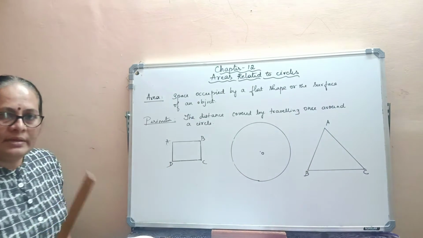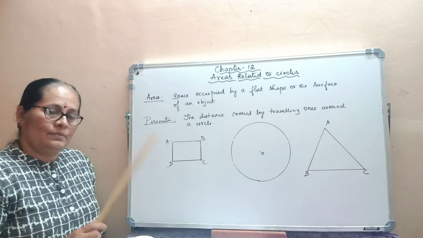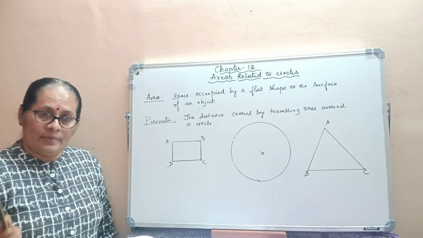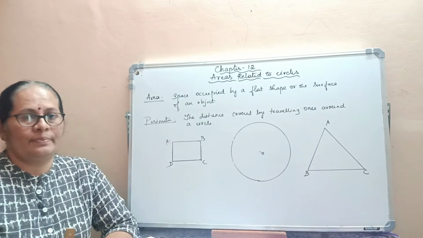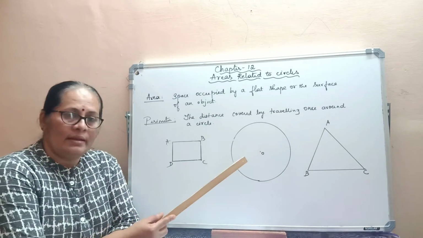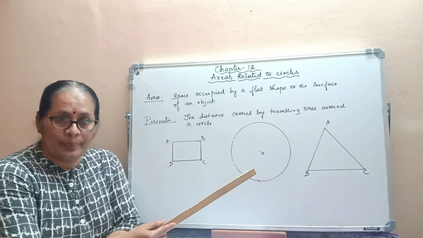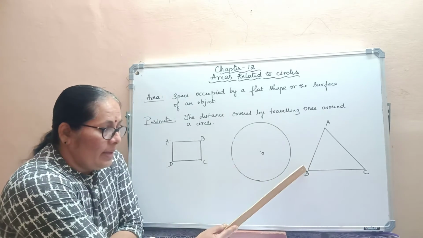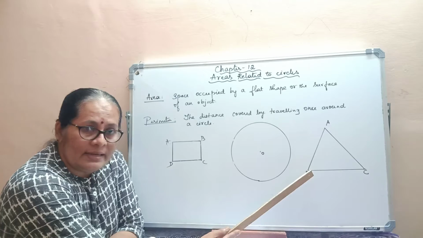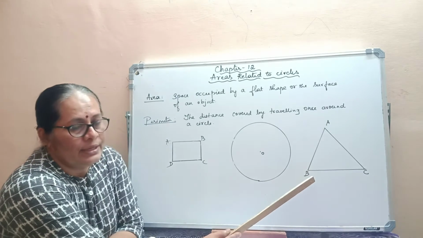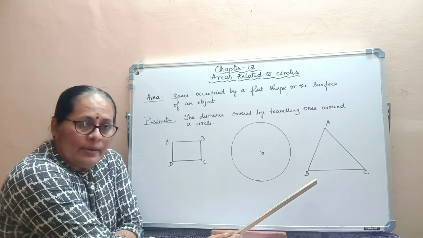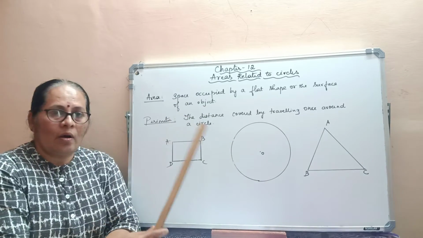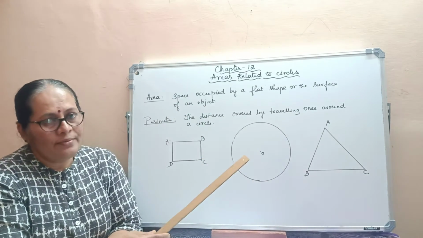So perimeter of a square is 4 into side, whereas perimeter of rectangle is 2 into length plus breadth. Perimeter of a circle is 2 pi r and perimeter of a triangle is the sum of the three sides. So using various formulas, you are able to find the perimeter of a two-dimensional figure.